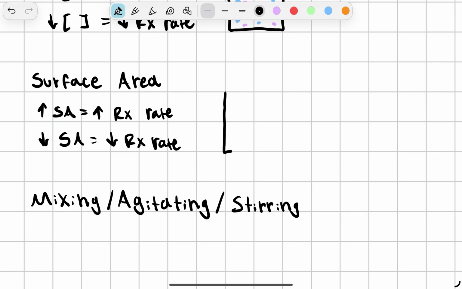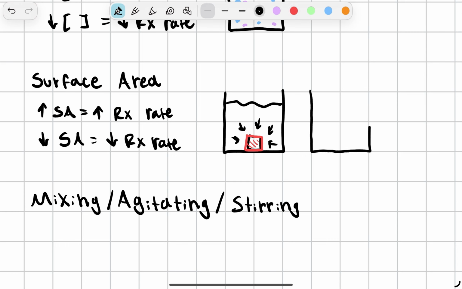So, for example, if we put, say, a sugar cube in water, and you have water molecules coming after the sugar cube, they're only able to come after these few faces, and maybe some water gets underneath. They're really only able to attack the outside surfaces of this sugar cube.